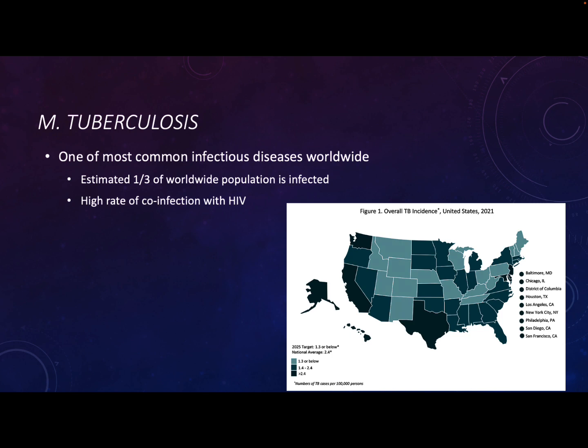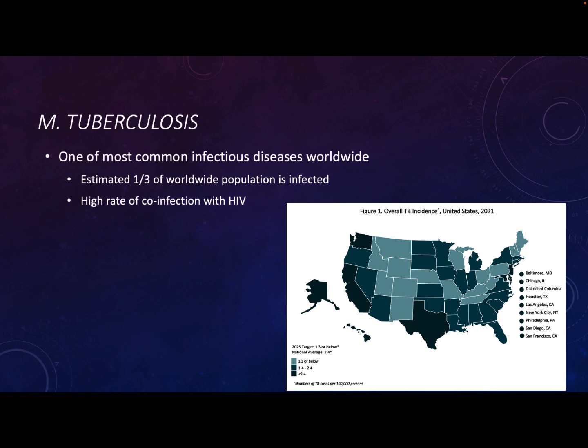You're looking at the number of TB cases per 100,000 people. So if you have 100,000 people, how many of them have tuberculosis? In the US, it's pretty low. The national average is 2.4. So between 2 and 3 out of every 100,000 people would have tuberculosis in the US. So that's our national average.